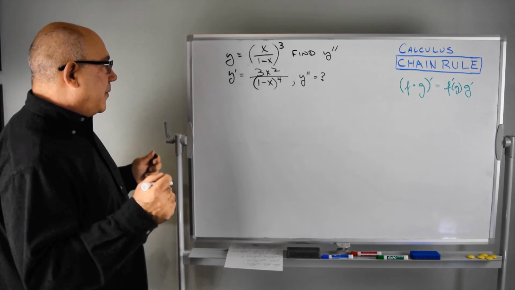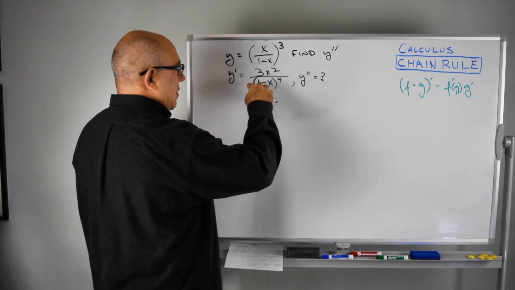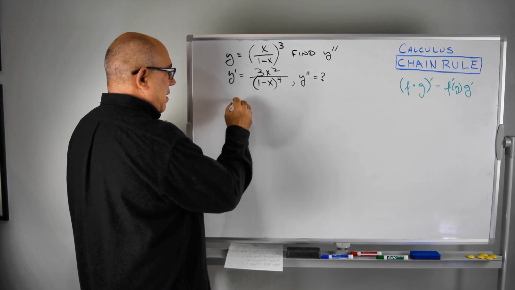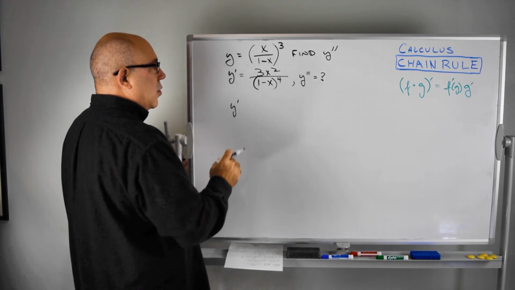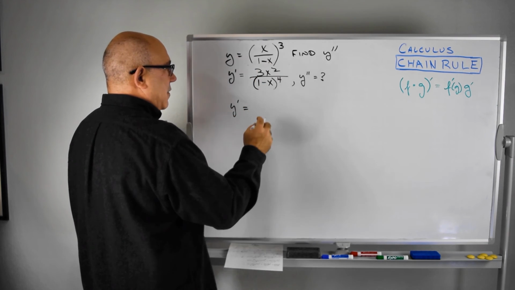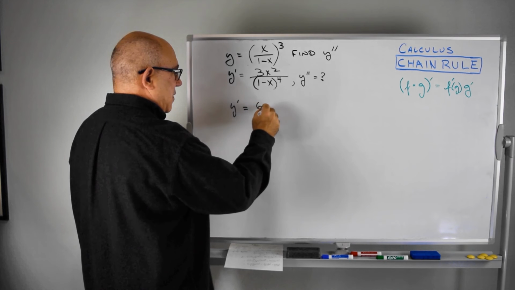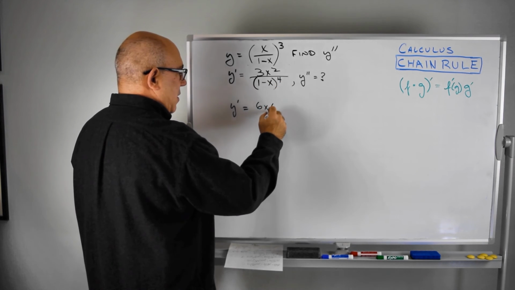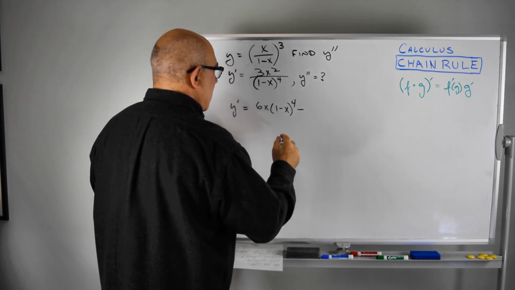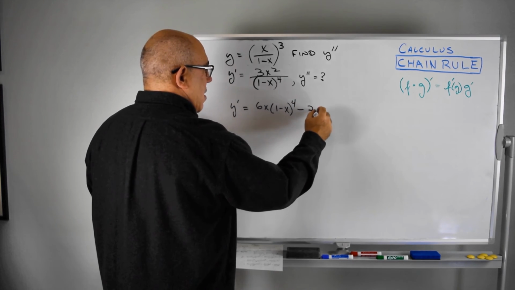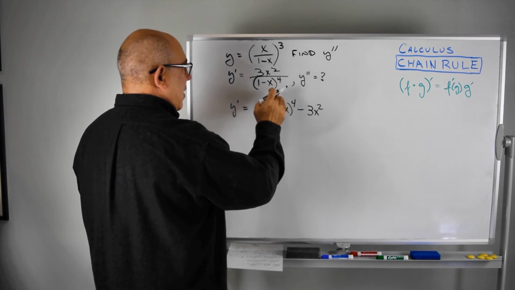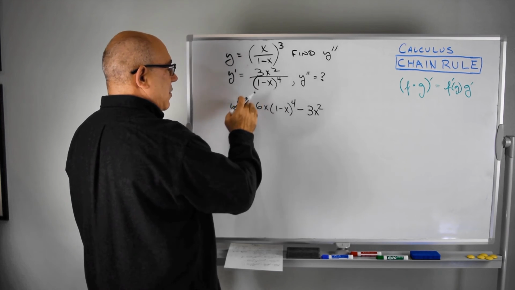Okay, so let's take a look at solving this by using the quotient rule. The quotient rule says take the derivative of the numerator, which is 6x, times the denominator, which is 1 minus x to the 4th, minus the numerator times the derivative of the denominator. And now this is where we get into some chain rule action.